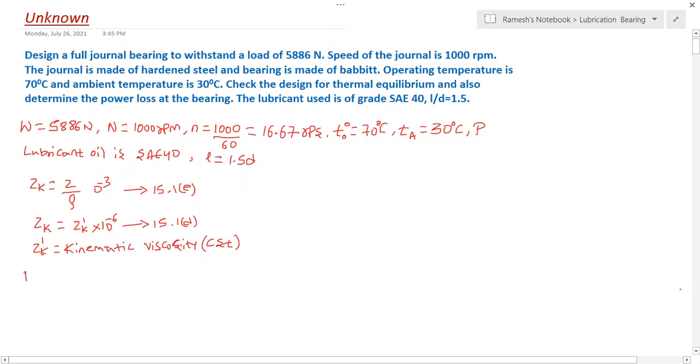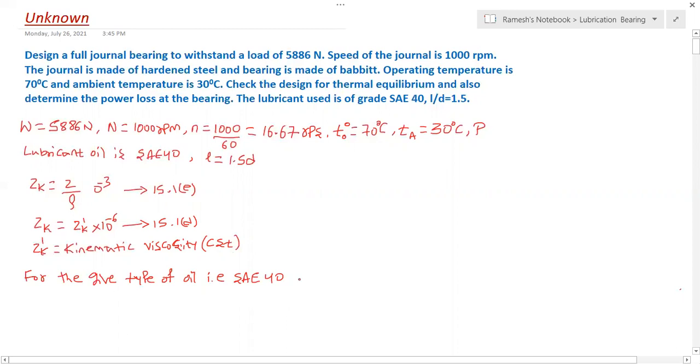For the given type of oil, that is SAE 40.